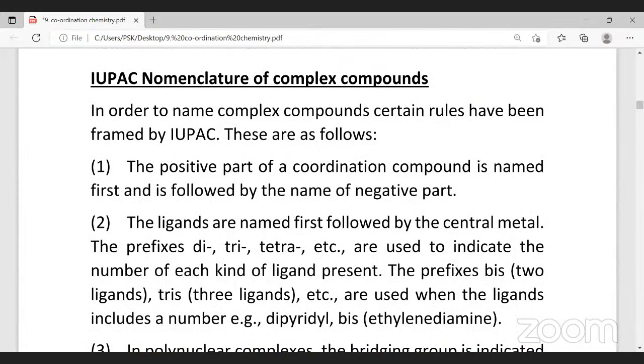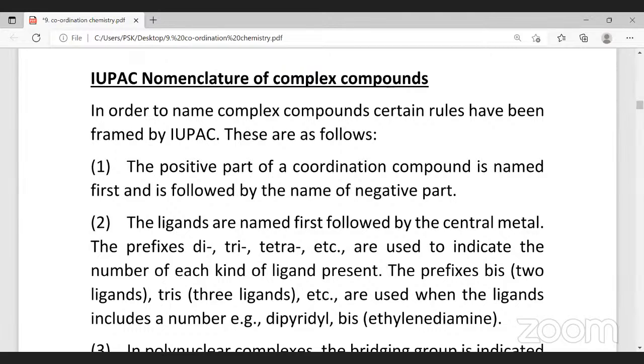You have learned IUPAC nomenclature for organic compounds in your 11th standard. IUPAC stands for International Union for Pure and Applied Chemistry. See, organic molecules are millions and millions in number. Therefore, we have to follow a set of rules in order to name the organic compounds.